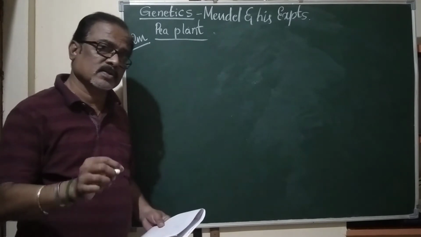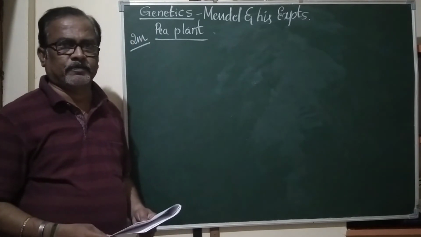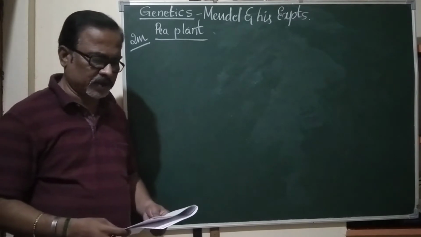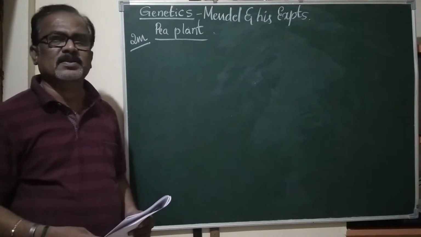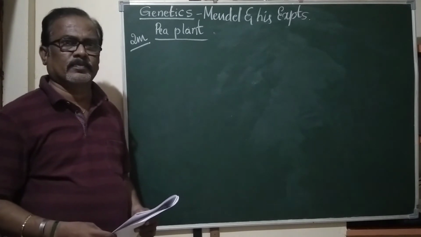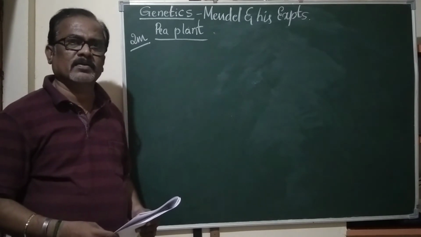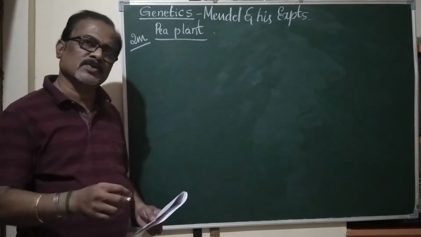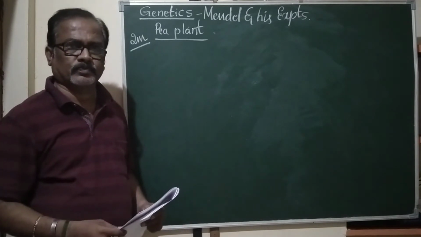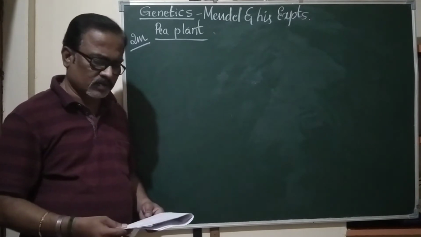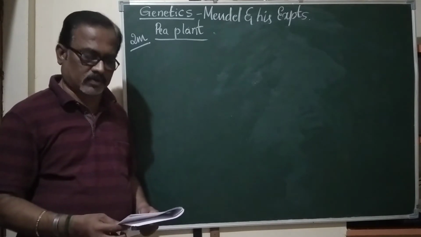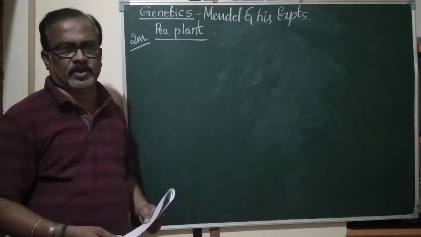Due to self-pollination, the plants are homozygous. Homo means similar: an individual or the zygote having similar genes for a character. So they are homozygous, and it is easy to get pure lines for many generations.